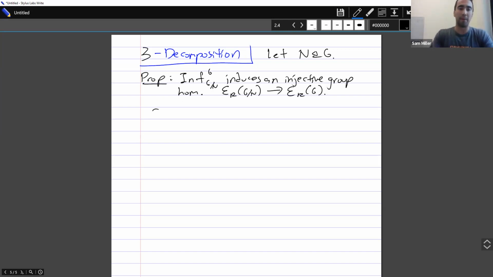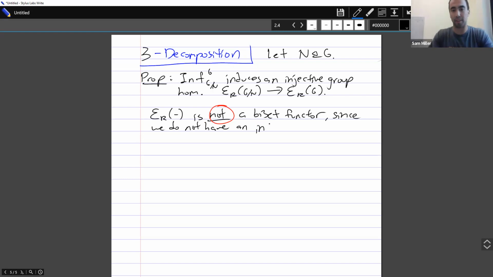And now I'm going to go on a brief tangent. For those of you who have heard of biset functors before, E_K is not a biset functor, unfortunately, since we do not have an induction functor. We can't go from E_K(H) to E_K(G) where H is a subgroup.